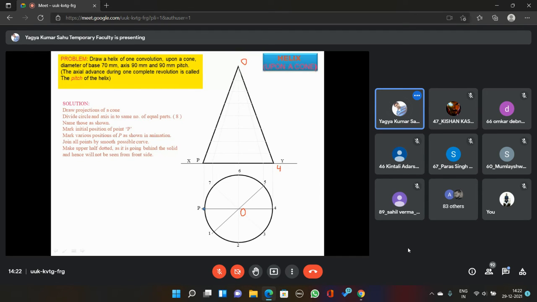So either divide OP into 12 equal parts, or O4. Like this, 0, 1, 2, 3, 4 up to 8.